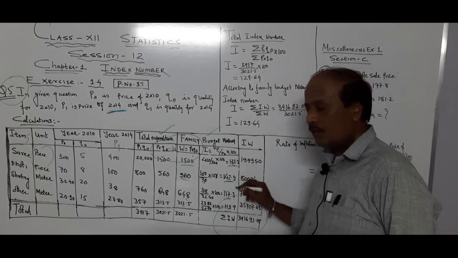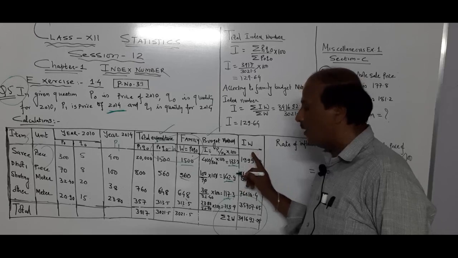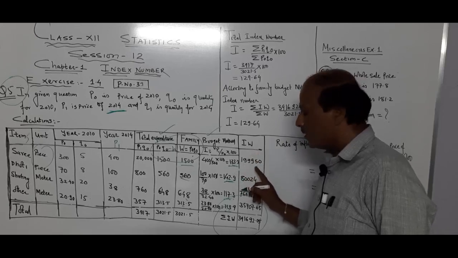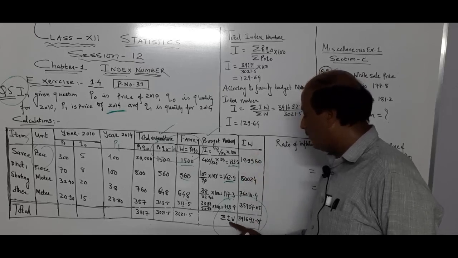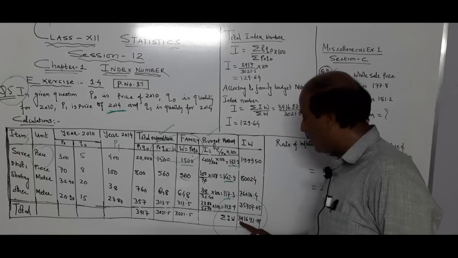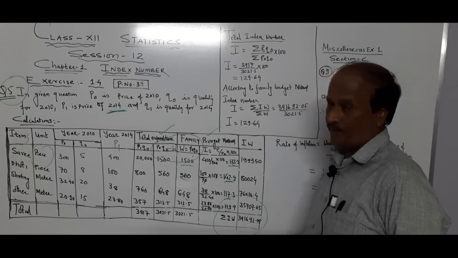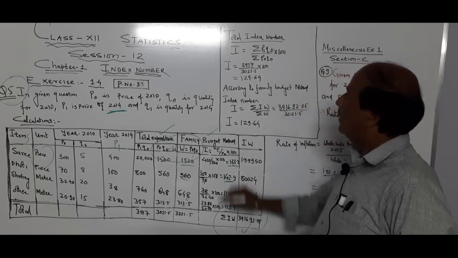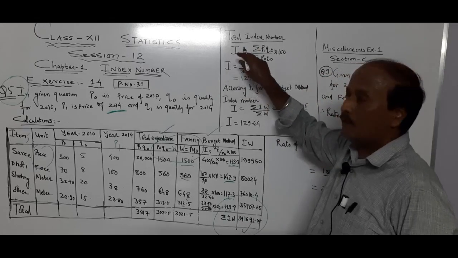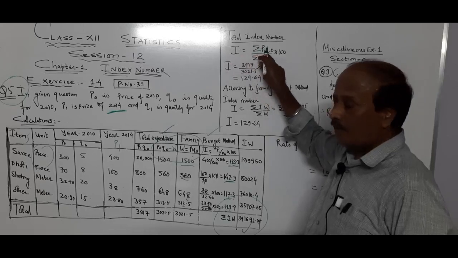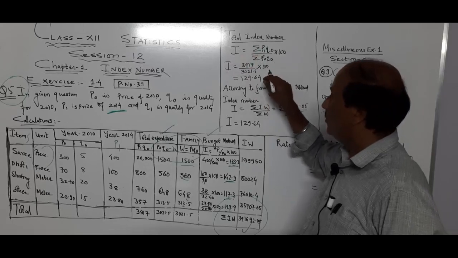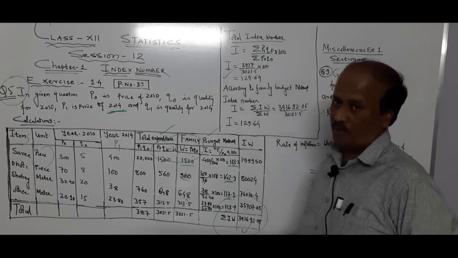Again, make the formula correctly, write the formula, make the correct calculation properly. You will get sigma IW approximately 391692.05. That you confirm. Now, total index number is sigma P1 Q0 divided by sigma P0 Q0. It's a part of a question.